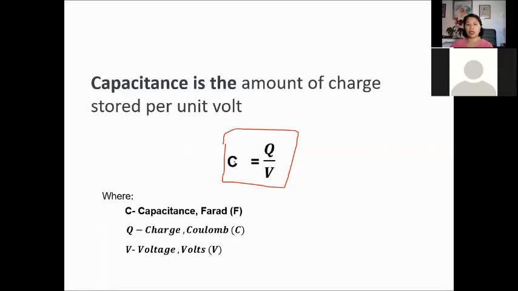If one of the letter symbols here is unknown, like for example, if Q is unknown, then Q is simply C times V, or capacitance times voltage is charge. Or if V is unknown, then charge over capacitance is voltage.